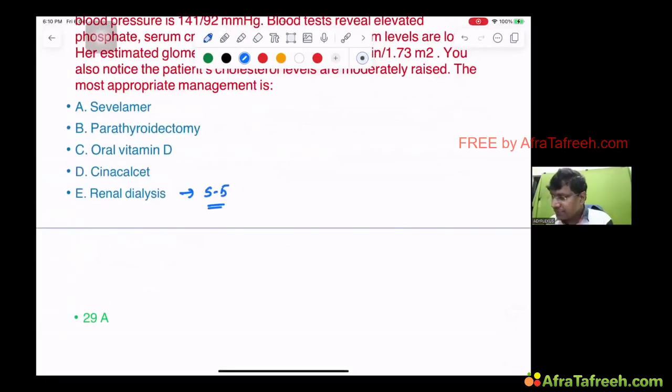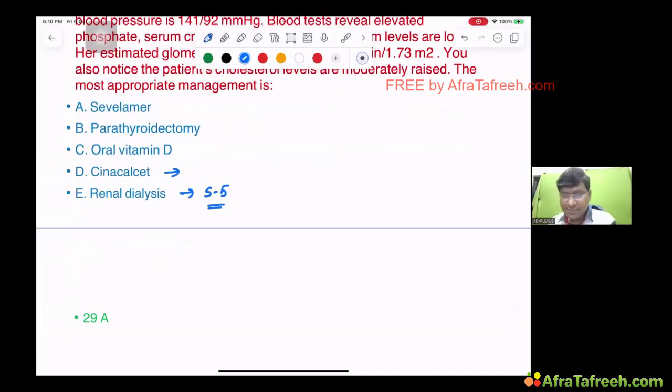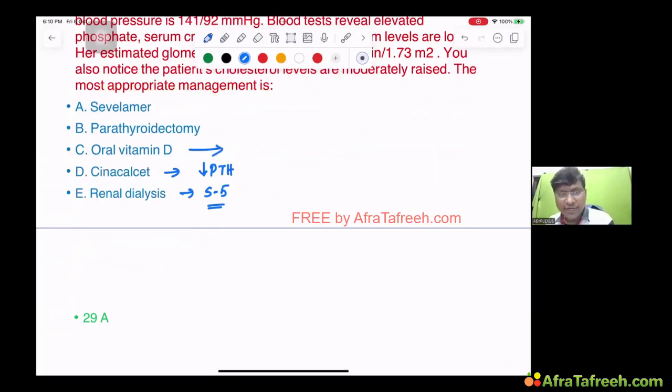Next, giving Cinacalcet. What is the purpose of giving Cinacalcet? That is mainly to reduce parathormone production because it's a calcium mimetic agent. Next, many of you have answered C. Okay, what is the purpose of oral vitamin D? Why do you want to give vitamin D?